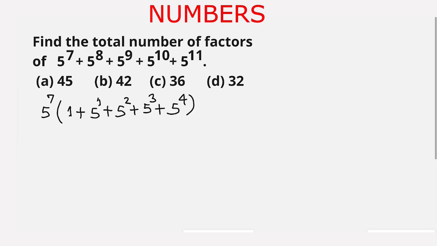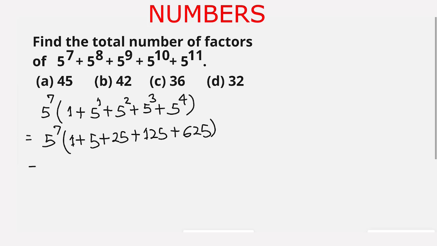And this is equal to 5 to the power 7 multiplied by 1 plus 5 plus 5 to the power 2 is 25, plus 5 to the power 3 is 125, plus 5 to the power 4 is 625.